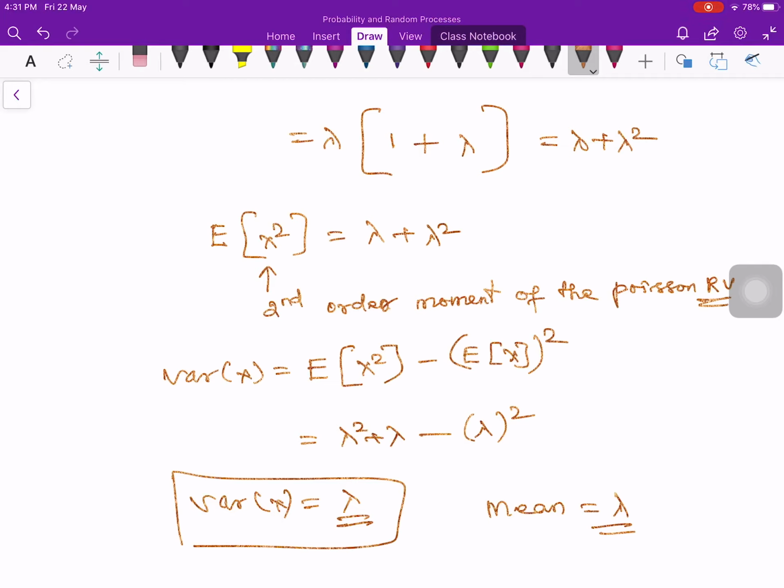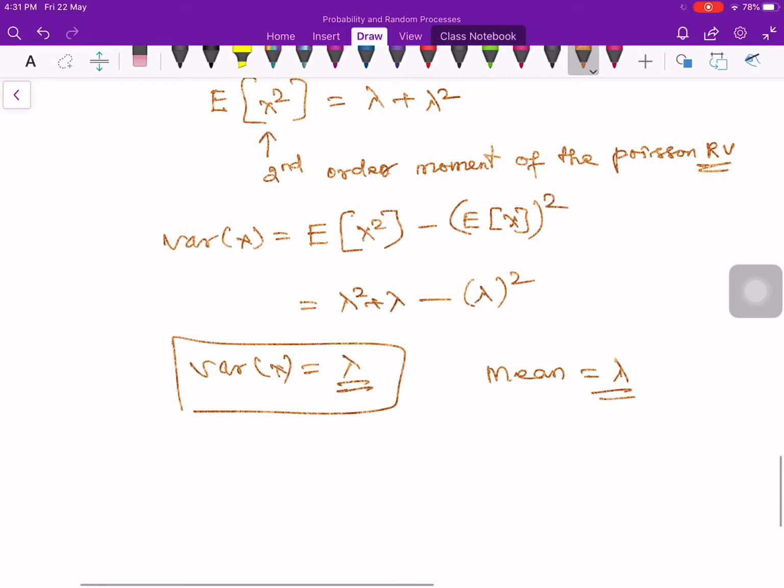So interestingly, for a Poisson random variable, the mean and variance are numerically the same. Because the dimension is different. See, if I say my random variable is in meter, then the variance unit is meter squared, and the mean is meter.